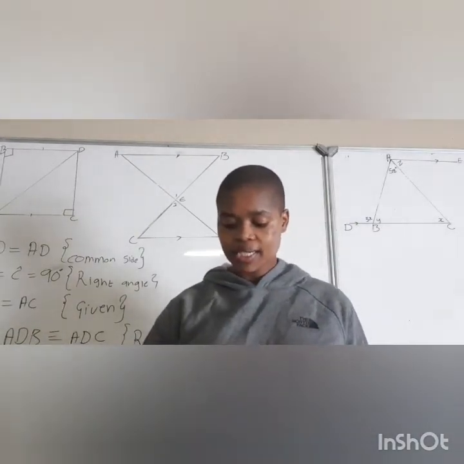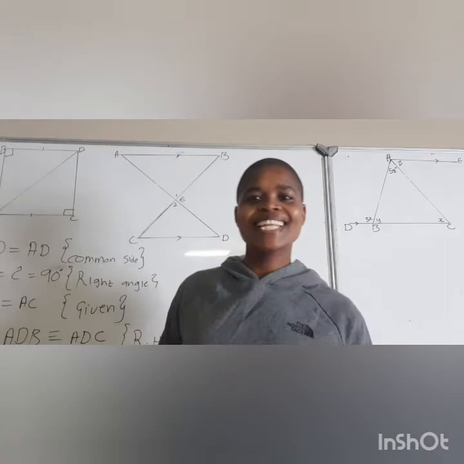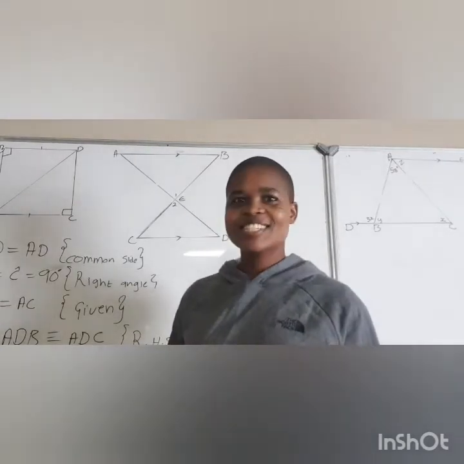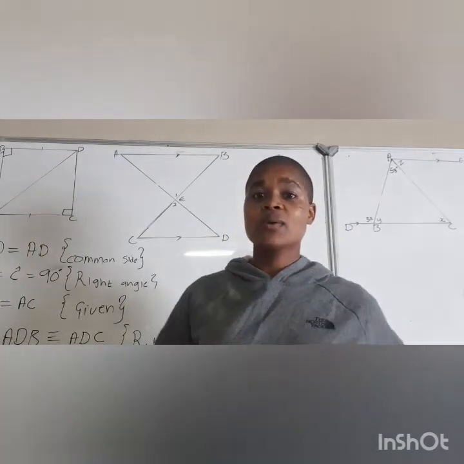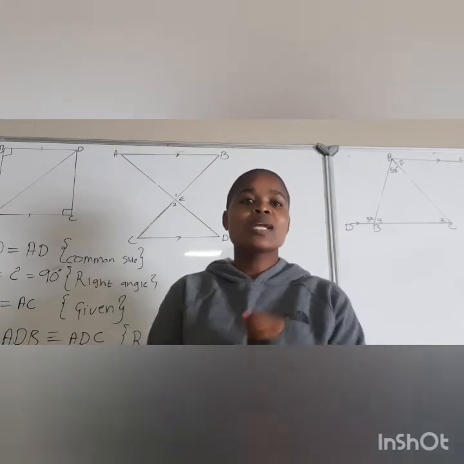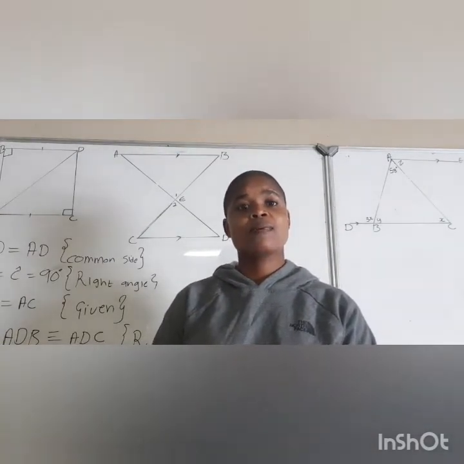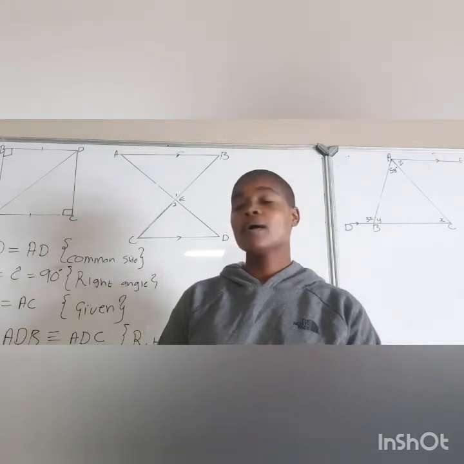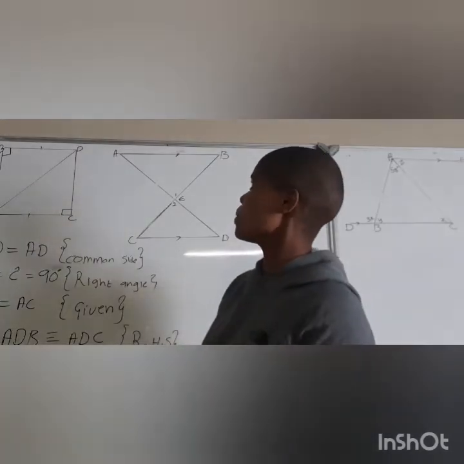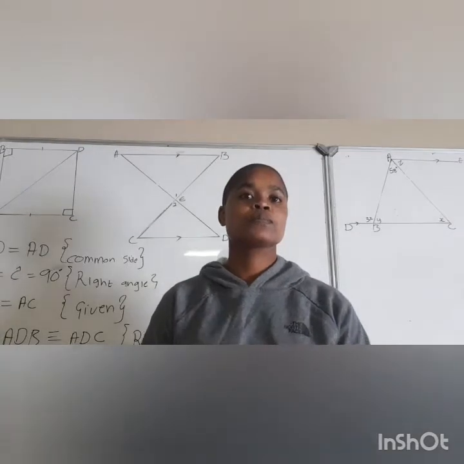Are we understanding? Yes. Okay, that's nice. So let us do the second one. Before we do the second one, guys, are we all understanding? Yes. Mateo, can you do the second one, please?